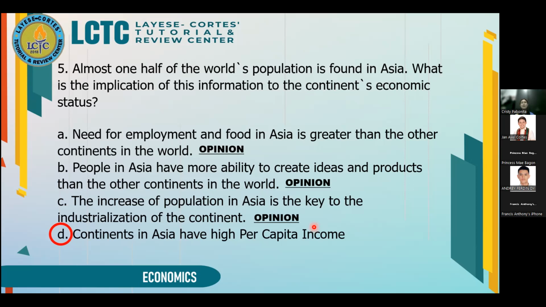Is it the only key, or is it only population that can be the key to industrialize the continent? So all these 3 choices here are based on opinion, and it's only letter D that is fact-based or factual. Okay, so that's why letter D is our answer.